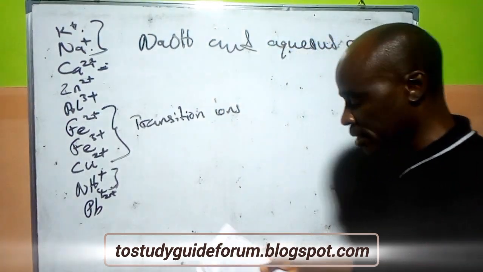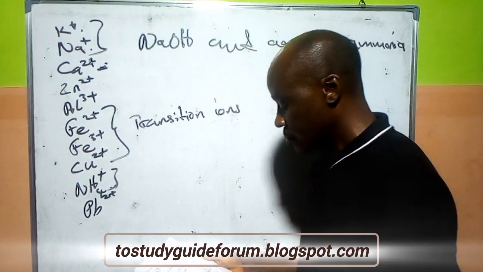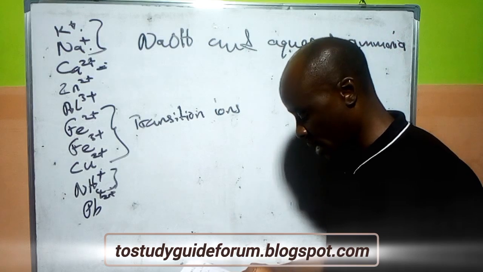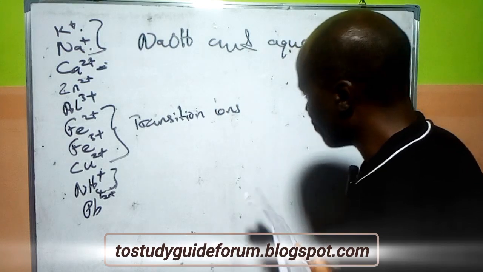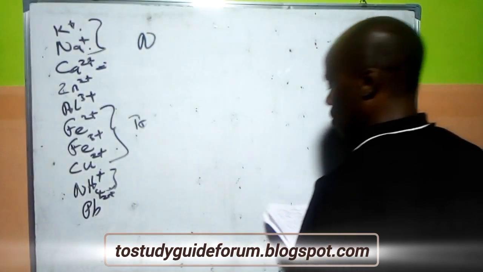Now we look at the ions with sodium hydroxide, the actual reaction of the ions with sodium hydroxide. I said that we have some of them that will give us colors.